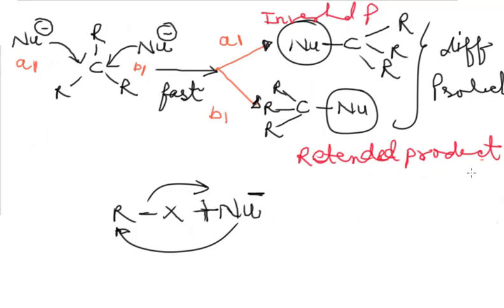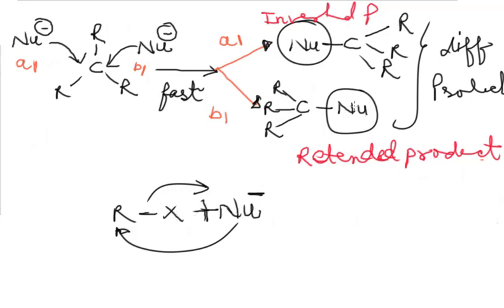And now, in case of the retained product, this is the position of the attack of the nucleophile, and the removal of the X takes place from the same side. Now, the positions are the same.